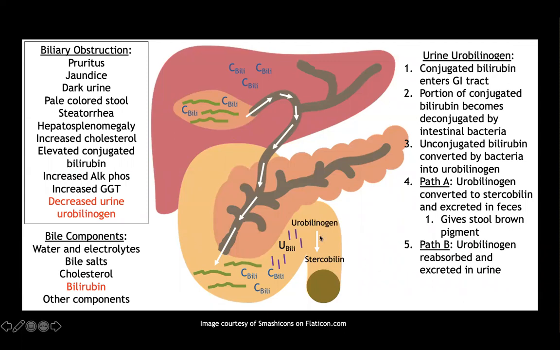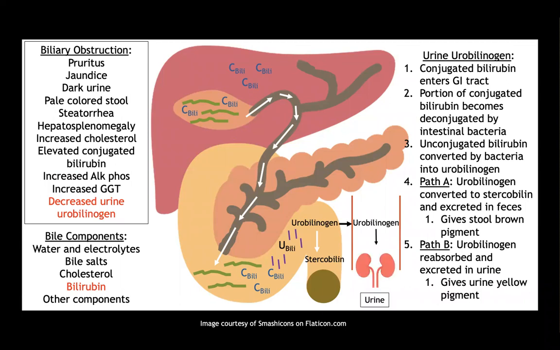Instead of being converted to stercobilin, it can also be reabsorbed and excreted in the urine, which would cause urine to have its yellow pigment color. And so we can measure this. And like I said, the amount of urobilinogen that's in our blood is directly proportional to the amount of conjugated or unconjugated bilirubin that makes it into our GI tract.